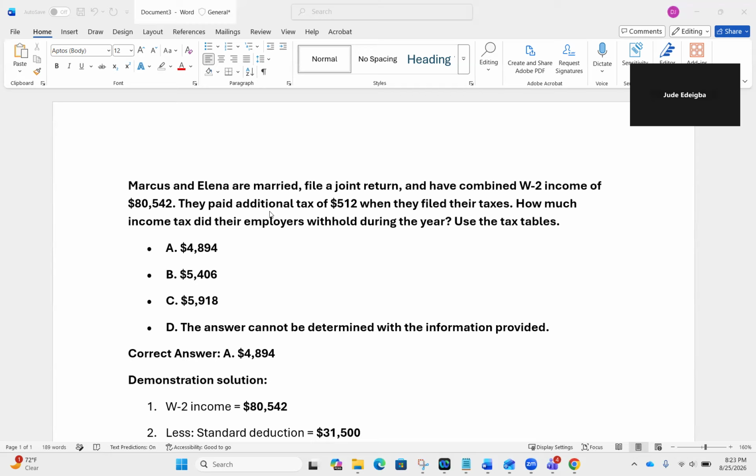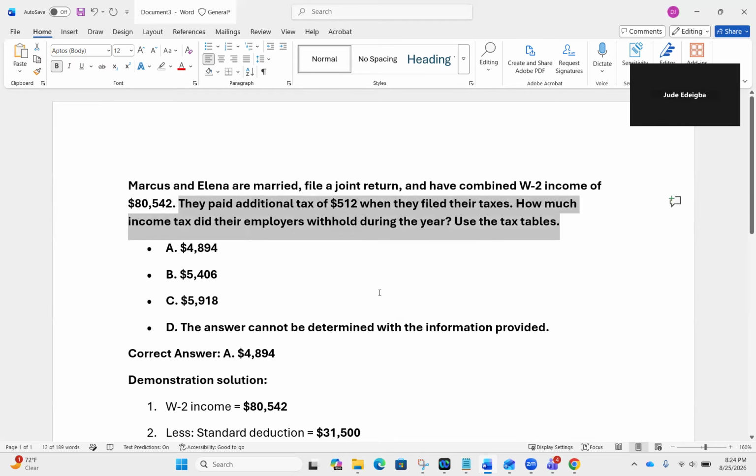They paid additional tax of $512 when they filed their taxes. How much income tax did their employers withhold during the year using the tax table?